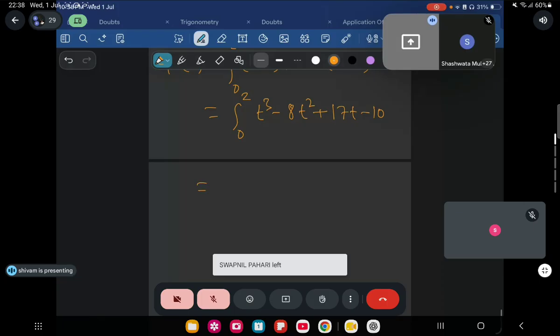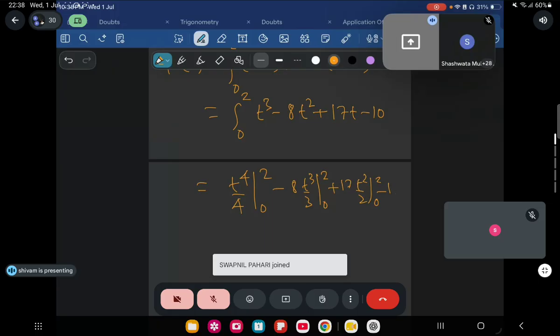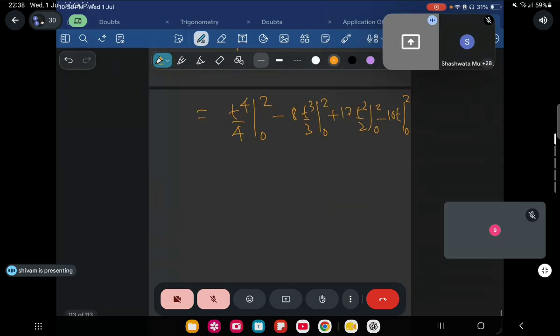Okay. So this will give us t to the power 4 by 4 from 0 to 2 minus 8t cube by 3 from 0 to 2 plus 17t square by 2 from 0 to 2 minus 10t from 0 to 2. Okay. This will give us how much?